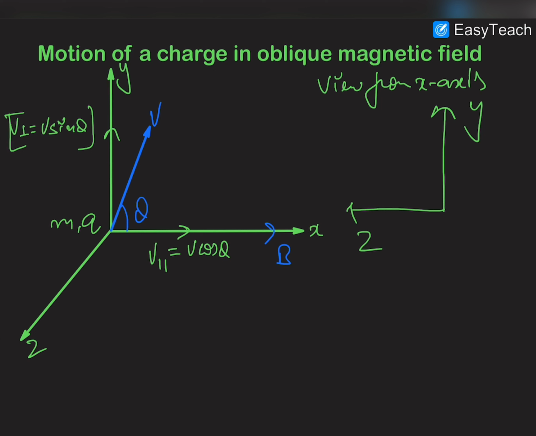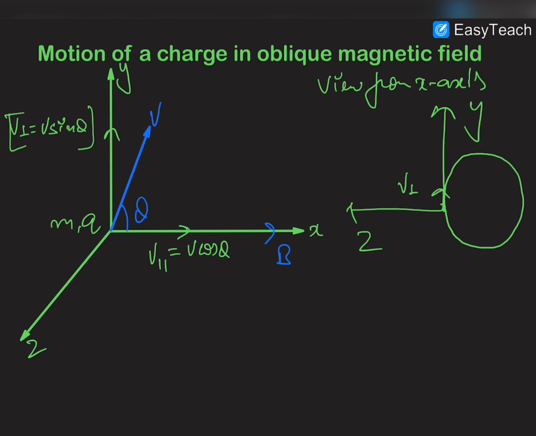And this particle's initial velocity was V perpendicular in the y direction, magnetic field is in plus x direction, and force will be in z direction like that. So this particle would go like that. This is V perpendicular, so it would go like that.